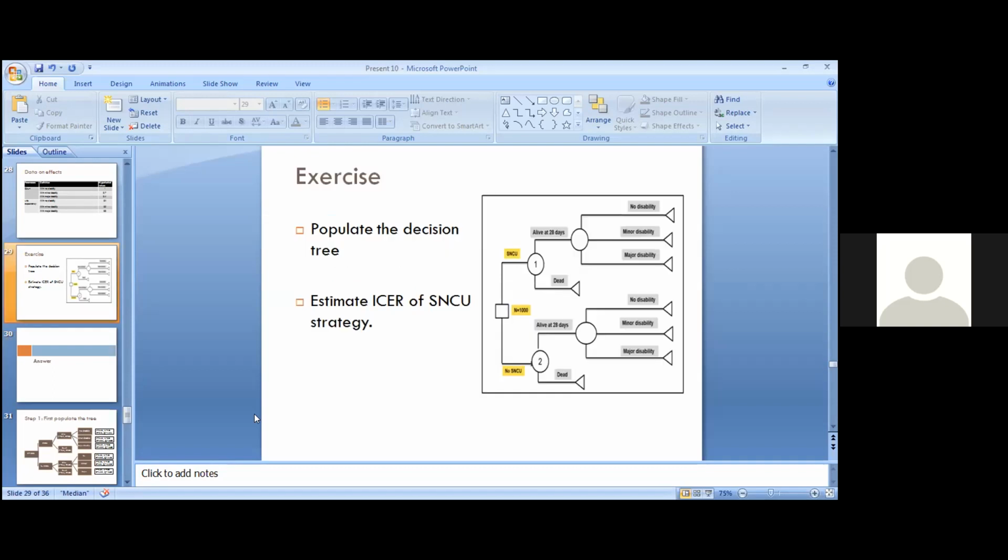So the answer is first. This was the exercise, that first you have to populate the decision tree. That is, what are the probabilities, what are the costs, what are the qualities, etc. And ultimately you have to find out the incremental cost effectiveness ratio.